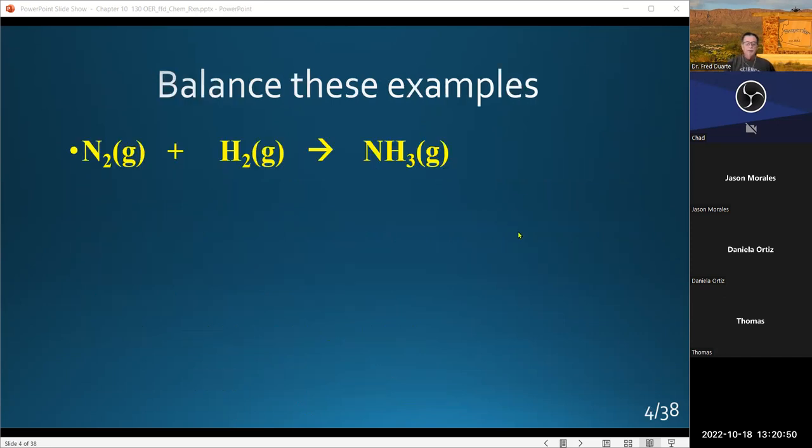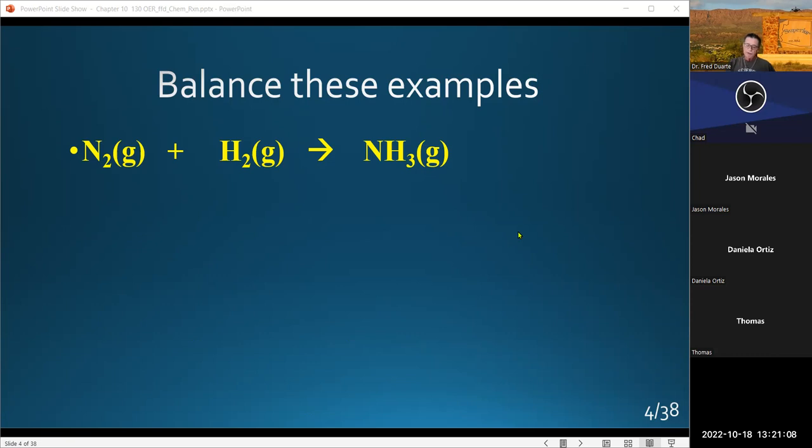All right, for example, we have this, which could be written as nitrogen in the presence of oxygen reacts to give us ammonia, NH3, okay? So that could be written in words, and we take those words and convert it to this chemical reaction.